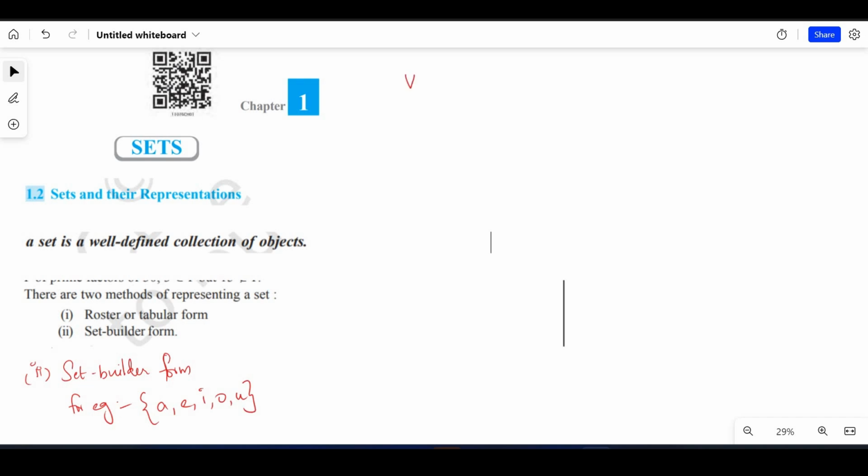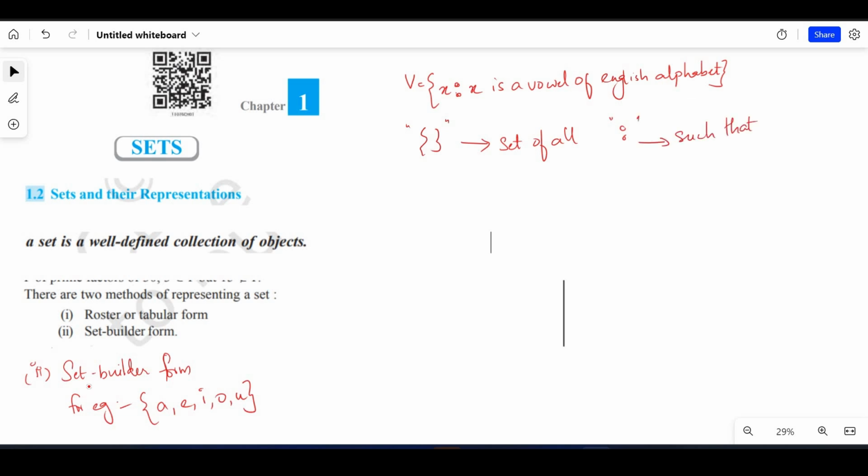So let me write it in this set builder form. In this, the braces are used to represent set of all, and the two dots, that is here, are used to represent such that. So we can say, the set of all x such that x is a vowel of the English alphabet.